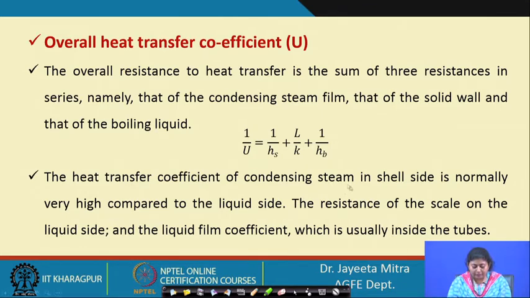Because of that, there is a resistance generated because of this scale deposition, unless we clean them properly from time to time. So, that will offer a resistance in the liquid side of the evaporator. So, because of scale deposition again the heat transfer will be reduced.